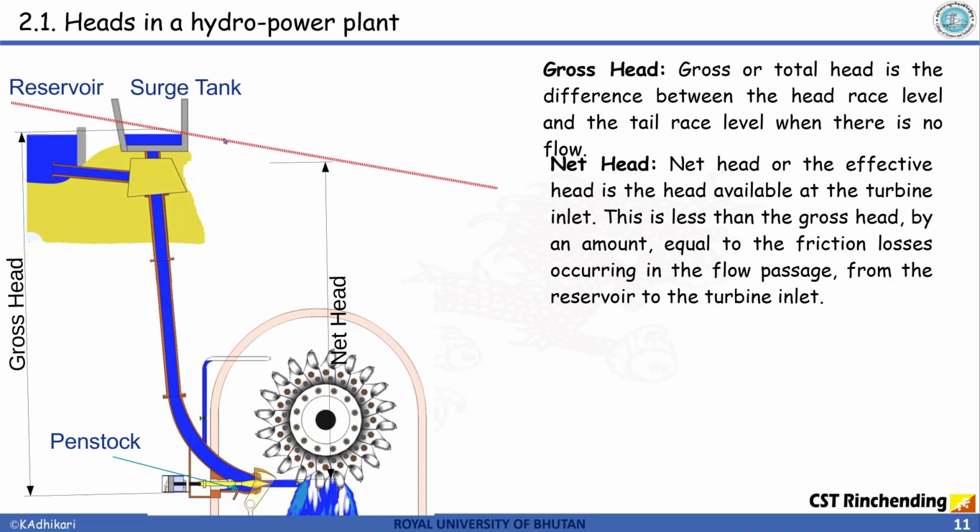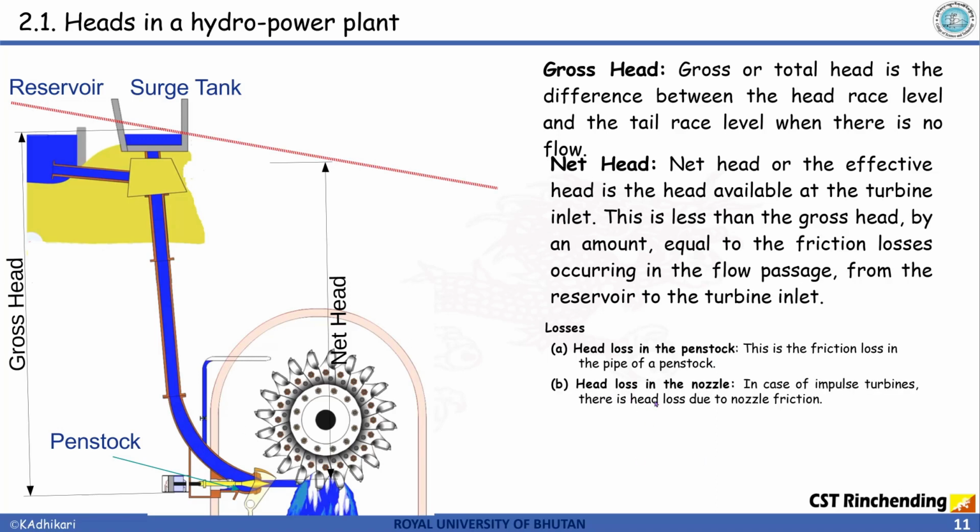And the difference between these two is what we call the losses, and there can be different types of losses. Okay, so head loss in the penstock is because there is friction, right? Water has to come through the pipe, and the rim of the water touches the rim of the pipe, so there is always some frictional losses.